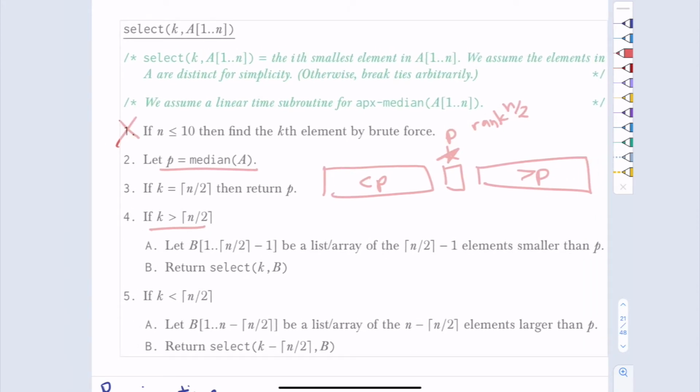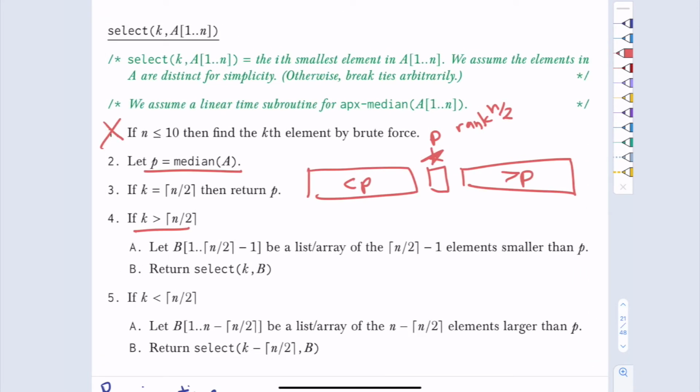Here, again, it's a little bit wordy just to be conservative. But I'm assembling... Oh, I got it backwards. Okay, if k is less than n over 2, then I should assemble all the elements that are smaller than the pivot.